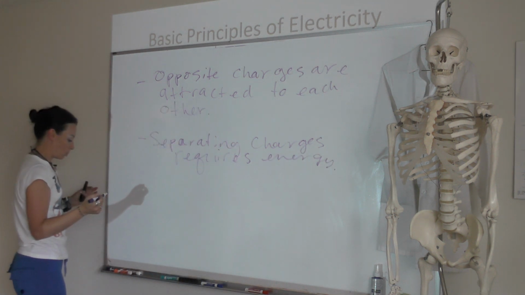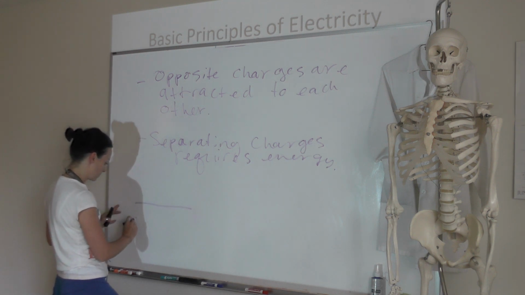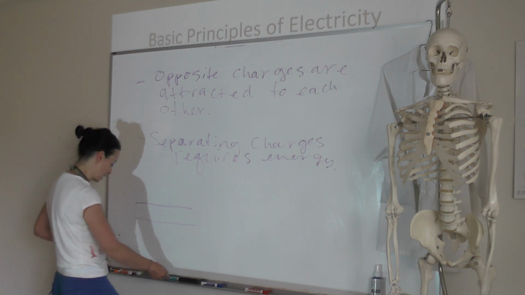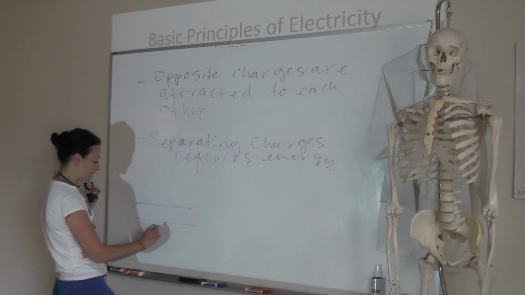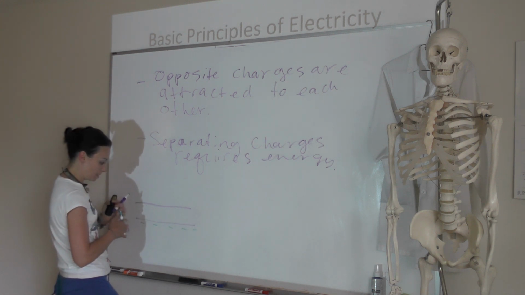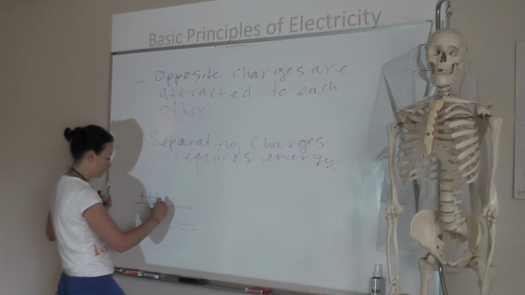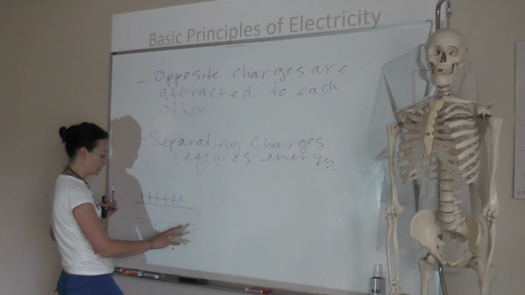And so why are we talking about this? Well, because if we look at the plasma membrane, it's a phospholipid bilayer that is going to separate charges in our body. If we look at the inside, it's relatively negative compared to the outside, which feels relatively positive. The reason for that is we've got negatively charged proteins that get stuck inside the cell and they can't leave.